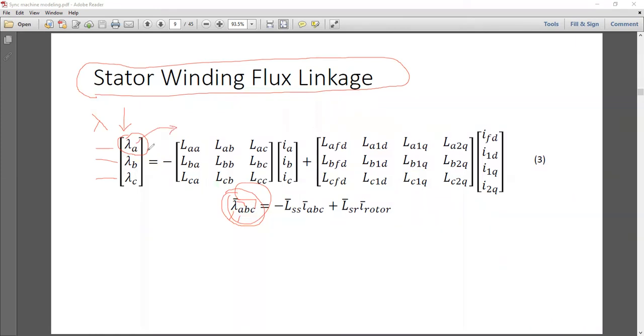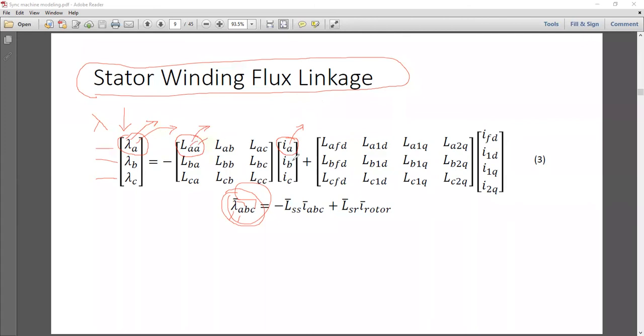Now we have the equation of lambda A. Okay, lambda A is dependent upon IA. That means whenever there is any current flow in coil A, there will be some flux linkage lambda A, right? Due to what? Due to its self-inductance of the coil, and the self-inductance of the coil is represented by LAA.